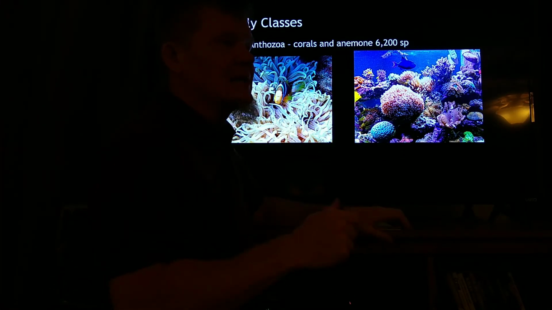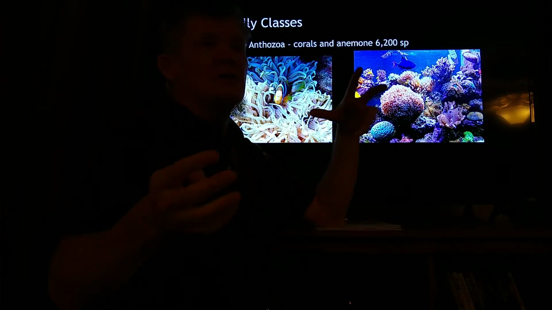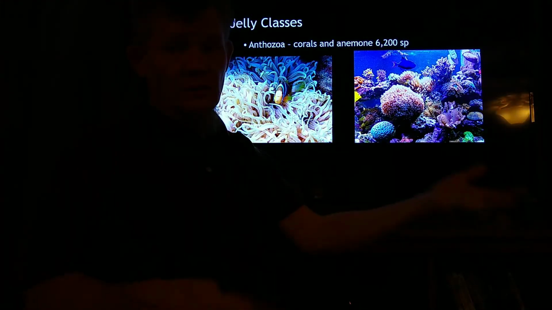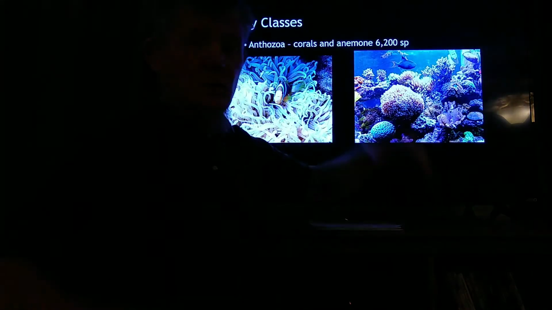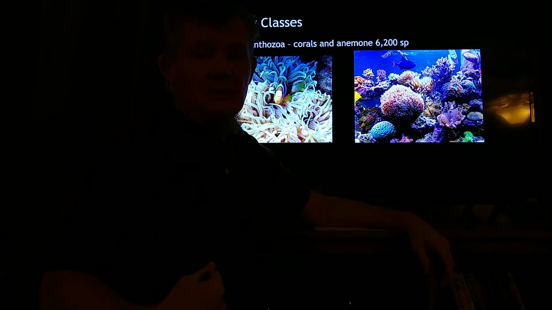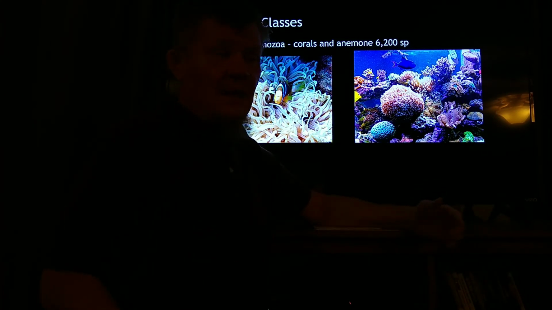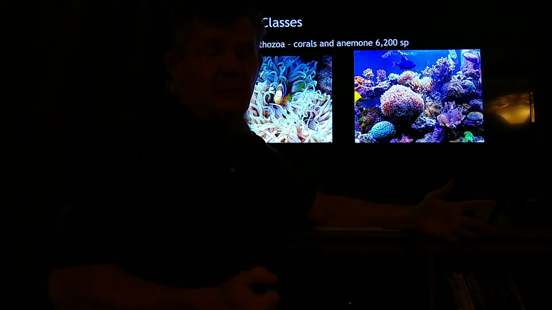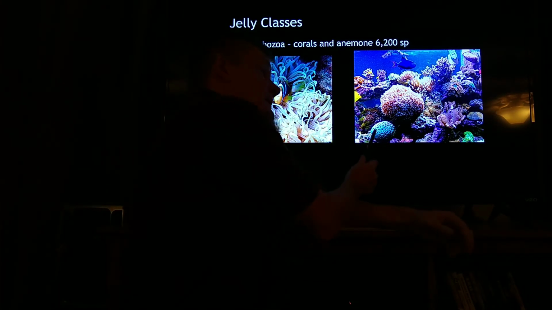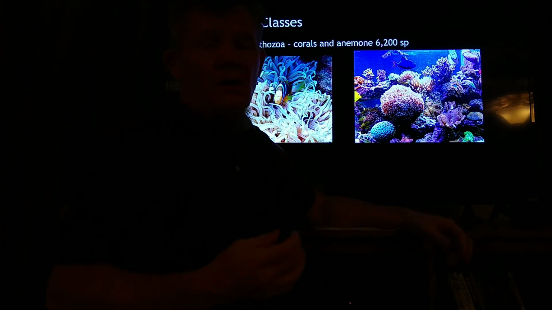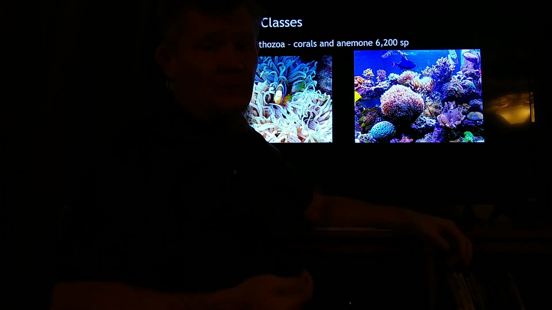So imagine when you look at a snail, you're looking at one animal with its house on its back. When you look at a turtle, you're looking at one animal with its house on its back. When you look at coral, you're not looking at one animal in one house. You're looking at an apartment building. And how many individuals live in that apartment building? And the answer is lots and lots. And so this is the building, and within all these little dots, there are individual animals that live in those buildings.